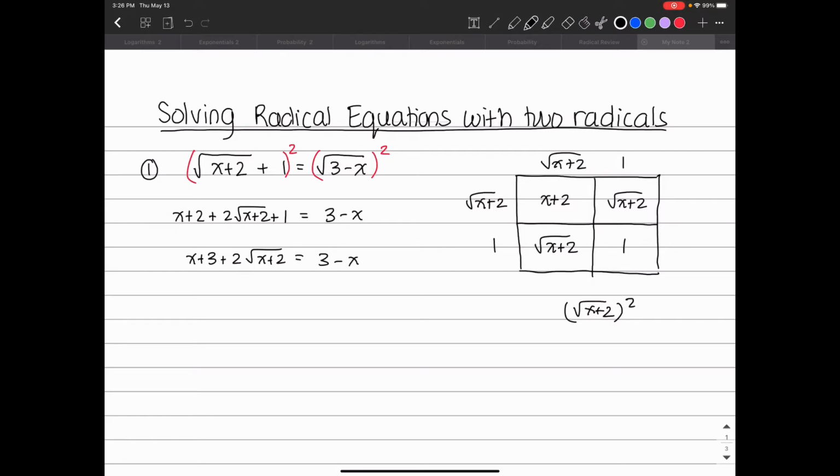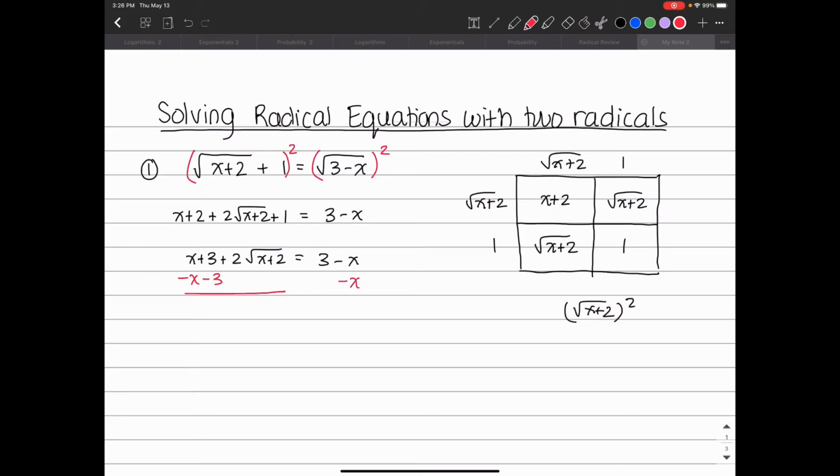I know that I want to isolate this radical now, since I only have one radical left. So I'm going to take away everything on the left-hand side that is going to eventually get me to that radical by itself. So I subtract x, subtract 3, and do that on the other side as well.